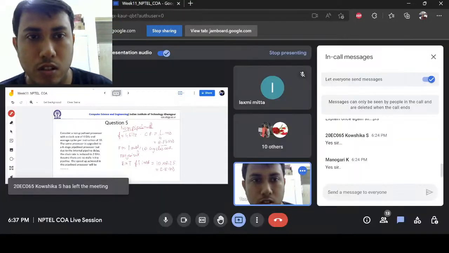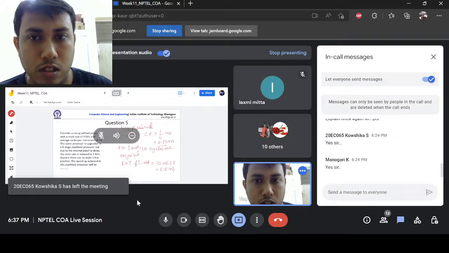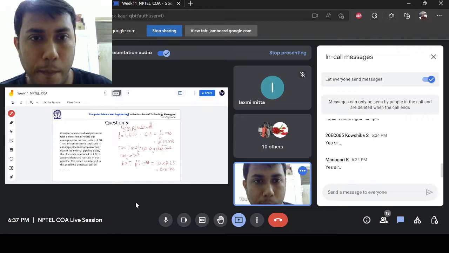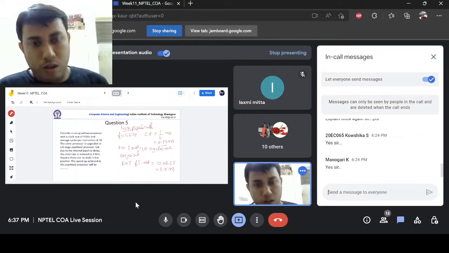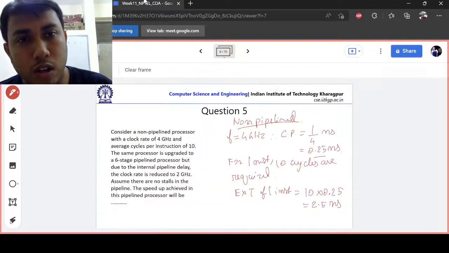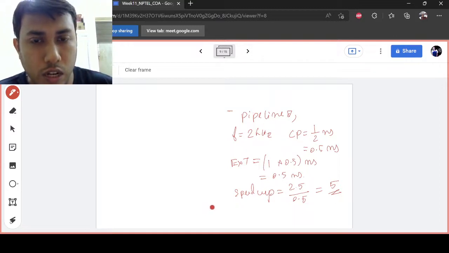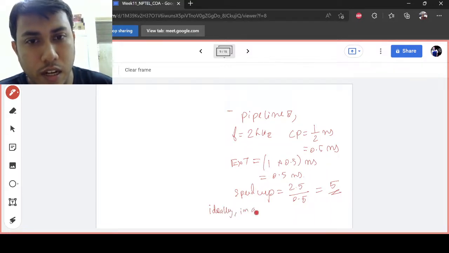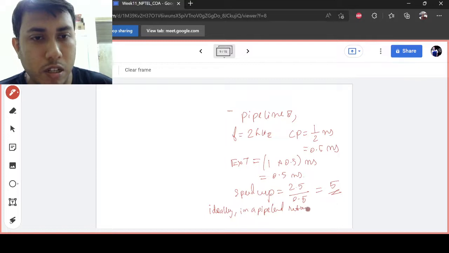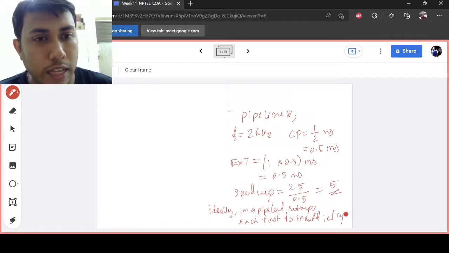Any doubt regarding this? So ideally in a pipelined setup, each instruction is executed in one cycle.